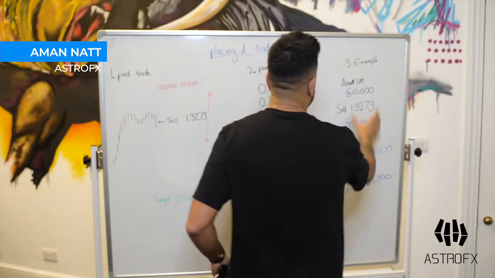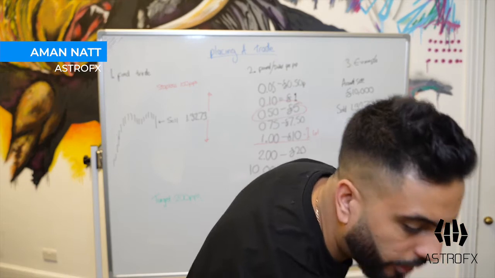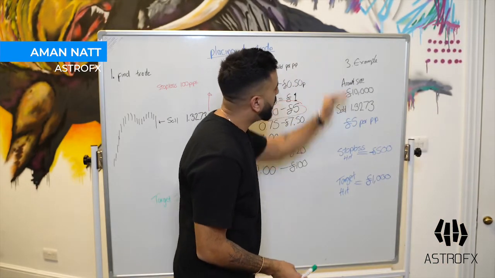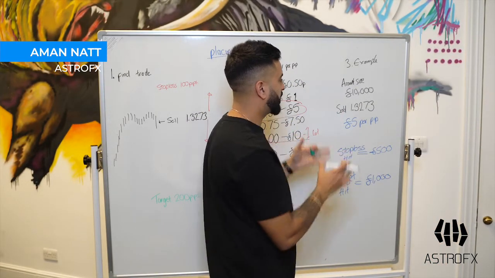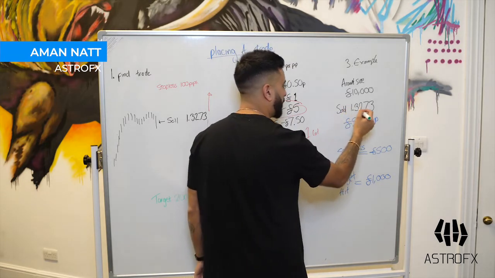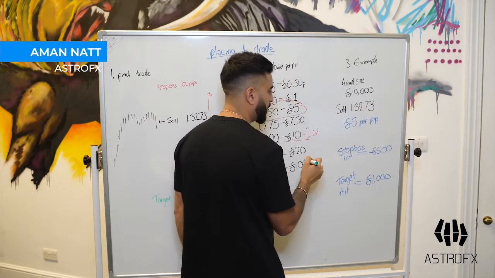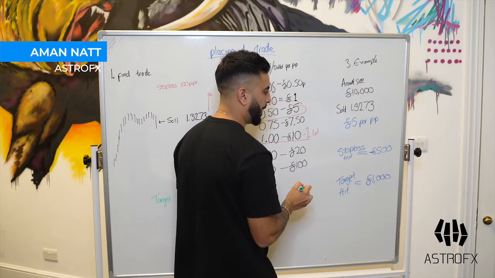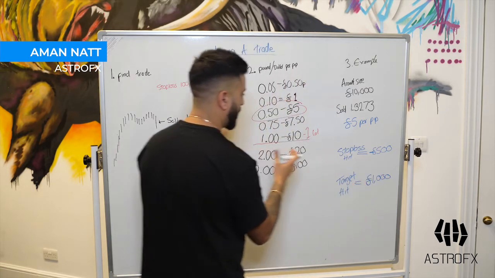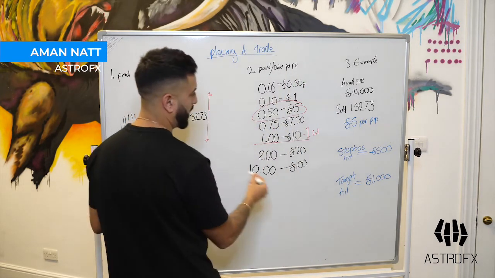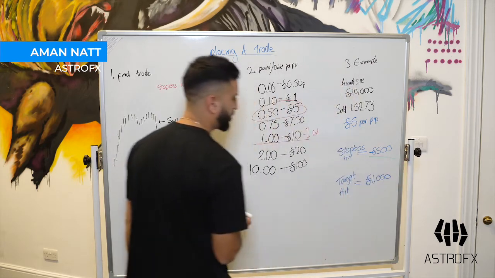Now look at the last stage, which is looking at the whole example from start to finish. Your account size is 10,000. We've sold at 1.3273 and used £5 per pip. Simple as this: if 100 pips were to hit, you're going to lose £500.